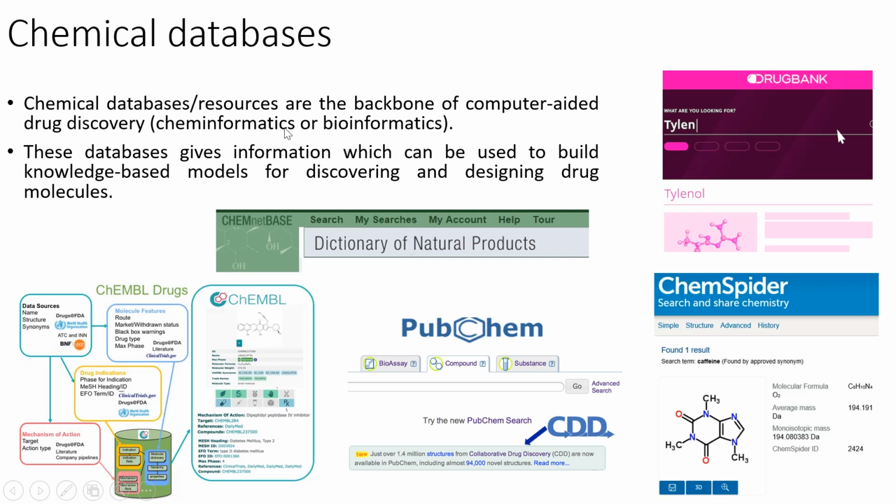And of course, so many other things that you might want to do when it comes to using molecules and compounds, small molecules. Now, chemical databases are, of course, the backbone of most of our structure-based computer-aided drug discovery, and even ligand-based, of course, computer-aided drug discovery. The central focus of cheminformatics.